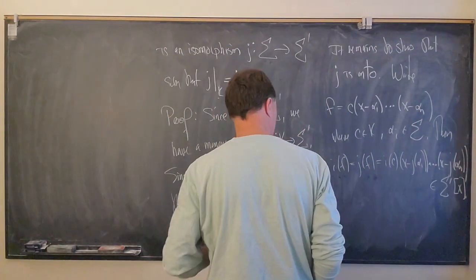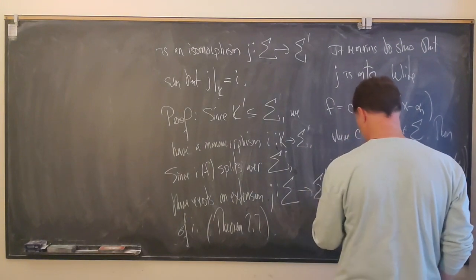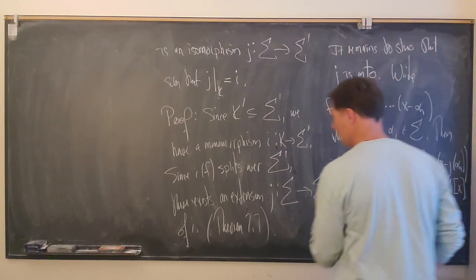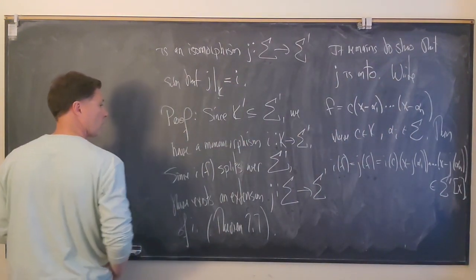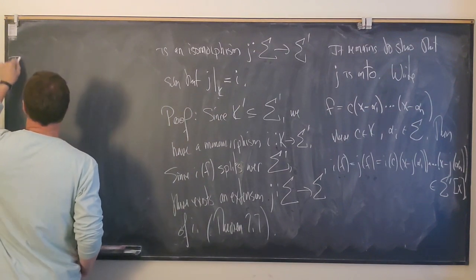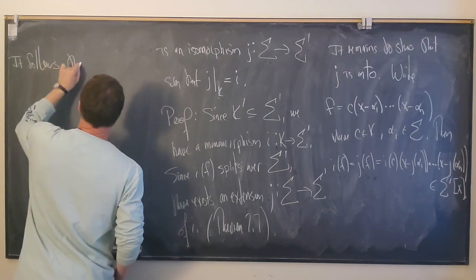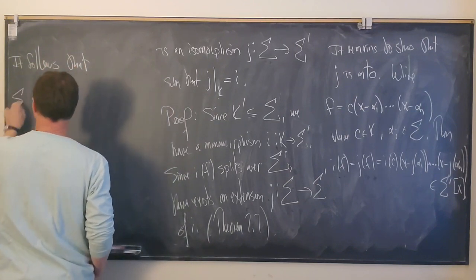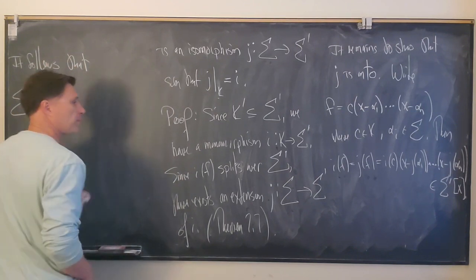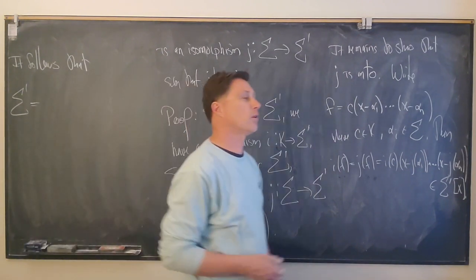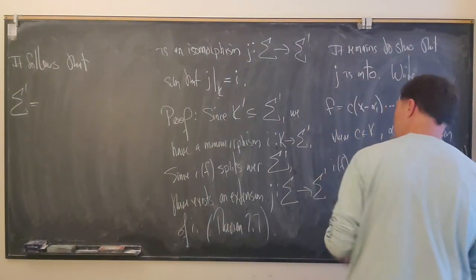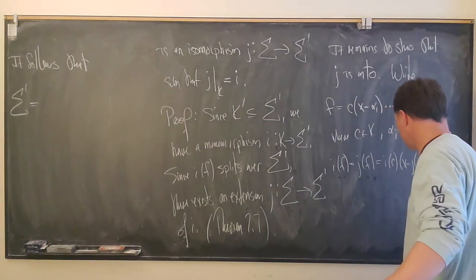It follows that, let's see, sigma prime, who's that going to be? How do you get a splitting field?